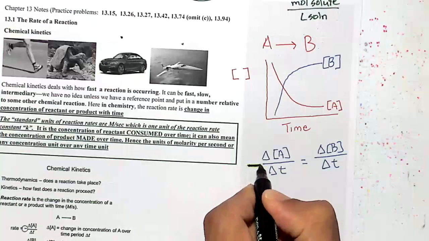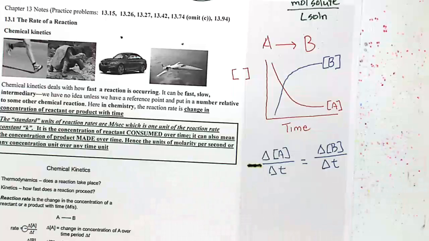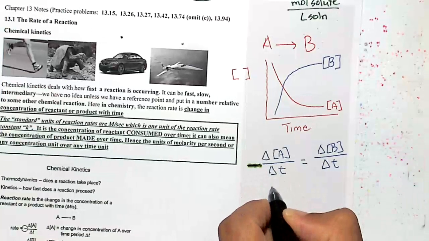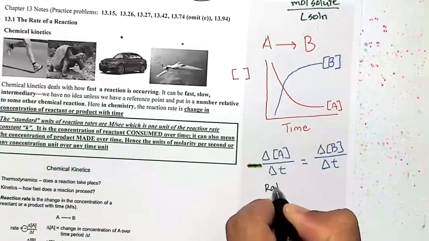What they're doing is basically inverse: A goes down, B goes up. Correct. That's why A is negative, because it's going down, and B is positive because it's going up. So this is called the rate expression. We'll do a rate expression problem.